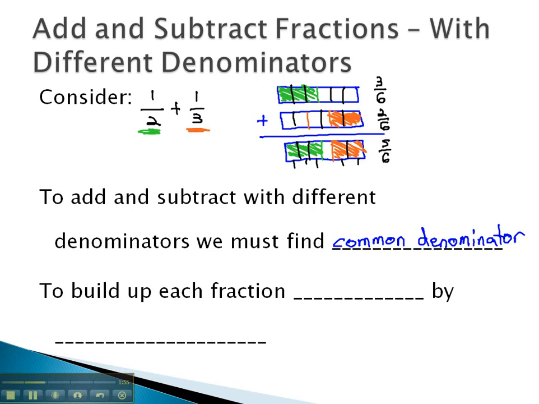And what we will do is build up each fraction to be a common denominator by multiplying by any missing factors. If we build them up by multiplying by the missing factors so that we have a common denominator, we can then simply add the numerators and the problem becomes much easier. So let's try a few examples.